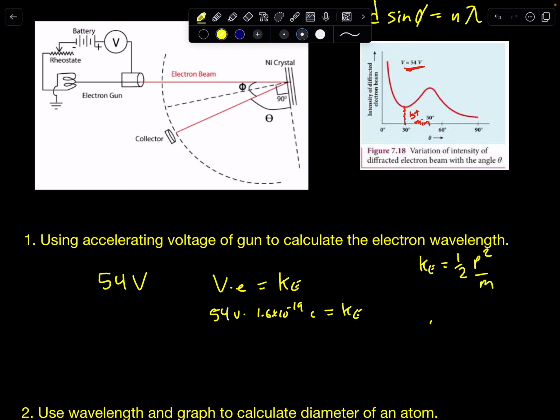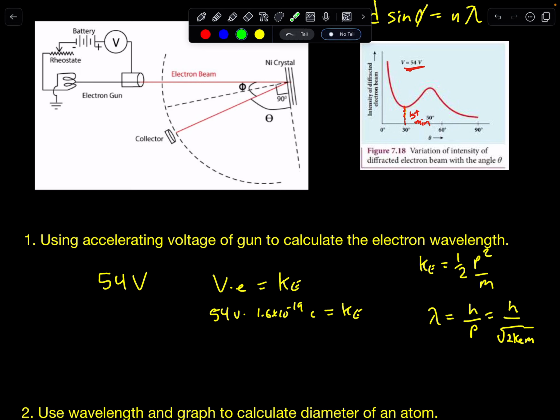Okay, and then the wavelength is equal to h over p, which we did in the past, is going to be h over the square root of 2 KE m.